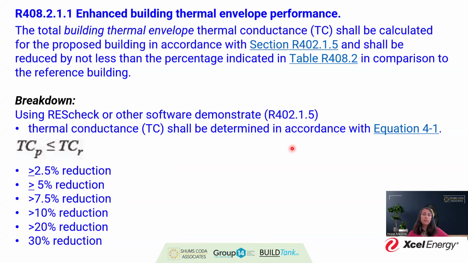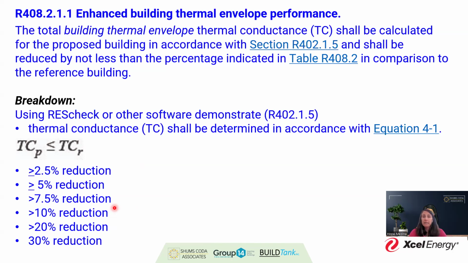Now, this equation is equation 4.1, which is TC sub P equal to or less than TC sub R, which is the thermal conductance of your proposed design and the thermal conductance of the reference design, basically showing that you're less than. You can have a reduction of any of these percentages, then you get to have the points for it. So REScheck now has an equation that's built into it, and with it being built into it, then you can utilize it.